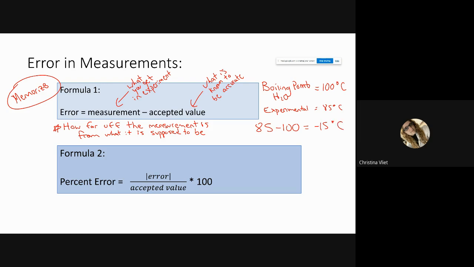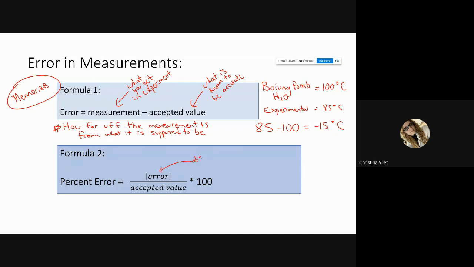What's the percent error then? Formula 2. This is how far you're off from the true answer represented as a percentage. And so we would calculate that by taking, hey, what's that right there? I've been asking every class. The absolute value of the error.